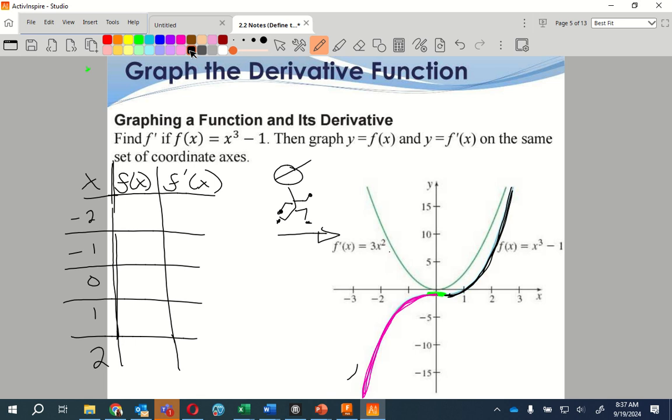So f of x at -2, this is my function f of x. This is my function f prime of x. So I'm going to plug in -2 for this. -2 to the third power is -8. -8 minus 1, -9. So this is my function in red that I'm doing here.